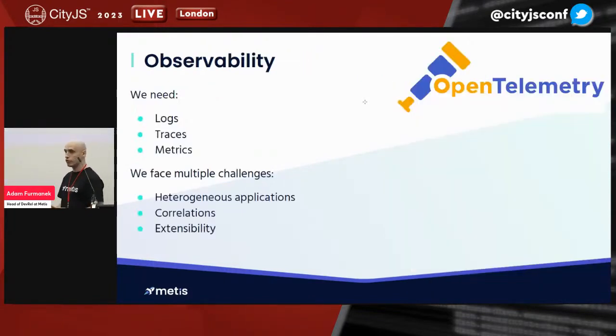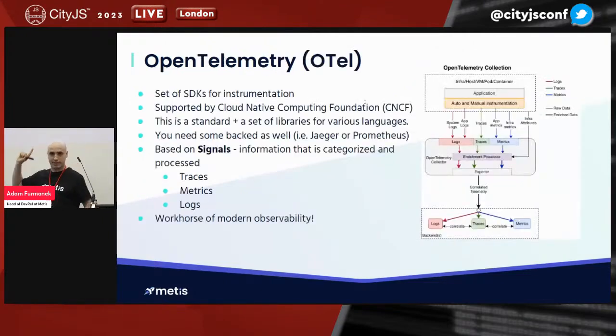So what we would like to do is use OpenTelemetry. This is a well-known, well-funded standard nowadays that allows you to capture logs, traces, metrics, and whatnot, and tell you exactly what's going on in your application, right? So it tells you, hey, this thingy was called, this is how long it took, etc. The way it works is it is based on various signals.